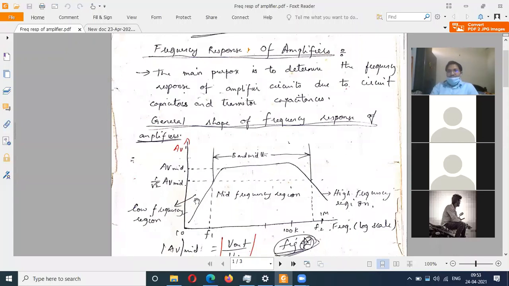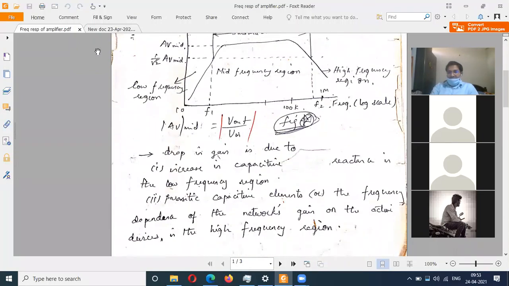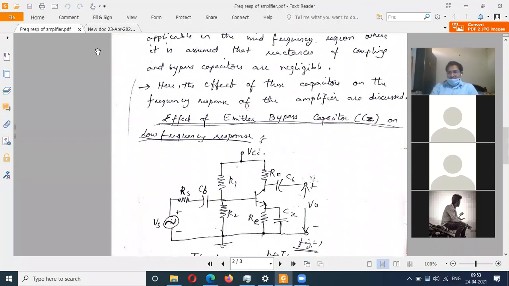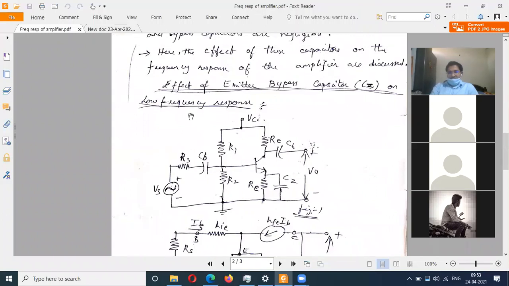First, why do we have this changing behavior? Let us look at an example circuit. This is actually a common emitter amplifier circuit. Among these components, which is the component that changes with frequency?